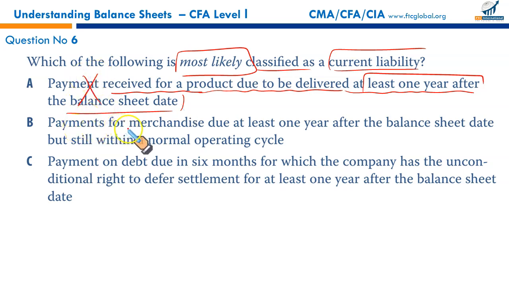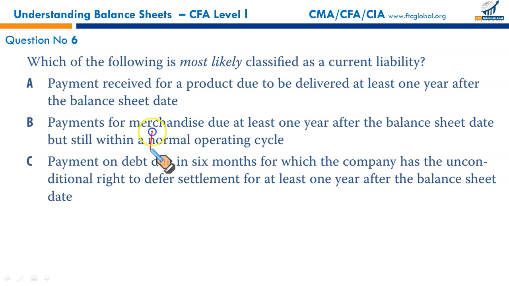Incorrect. Payments for merchandise due at least 1 year after the balance sheet date, but still within the normal operating cycle. Since it's within the operating cycle, or 1 year, whichever is longer, this criterion determines whether an asset or a liability is current or non-current. If a liability is to be settled within 12 months or the operating cycle, whichever is longer, or if an asset is used up or converted to cash within 1 year or the operating cycle, whichever is longer, that is a current asset.